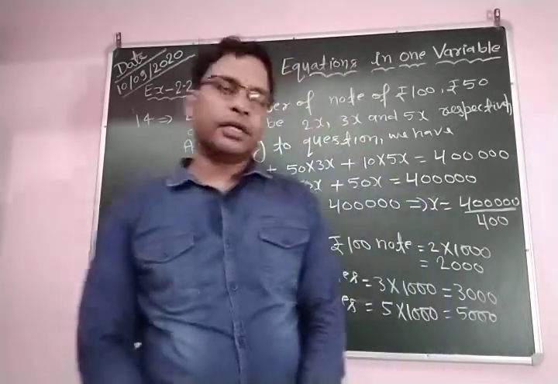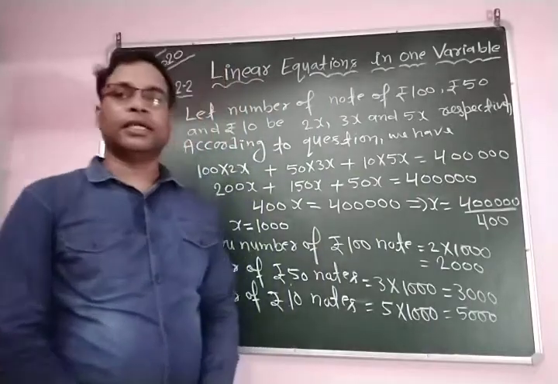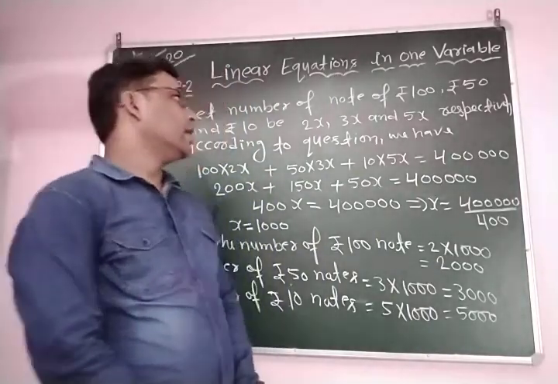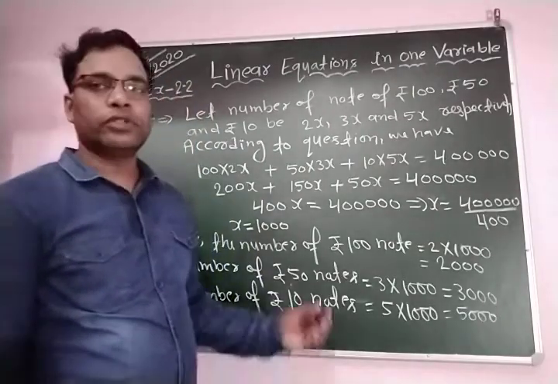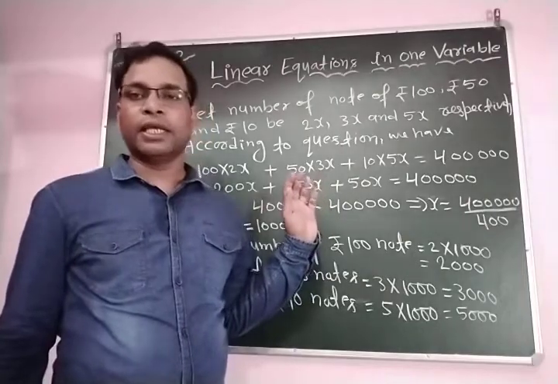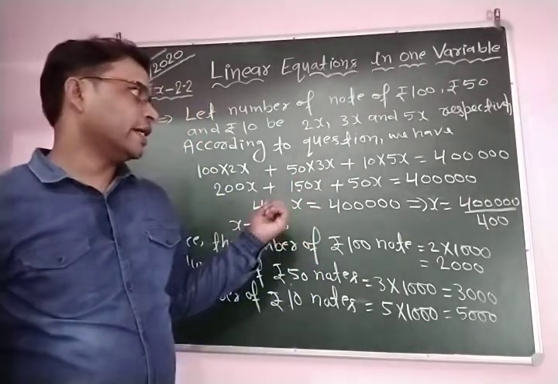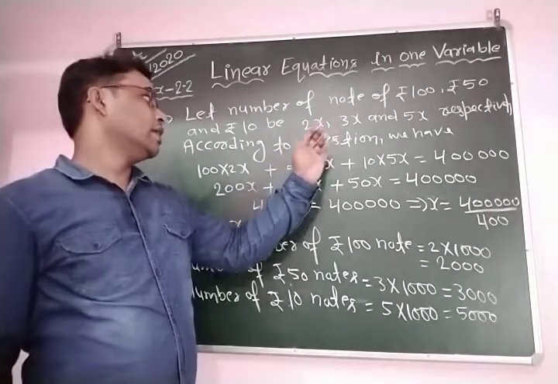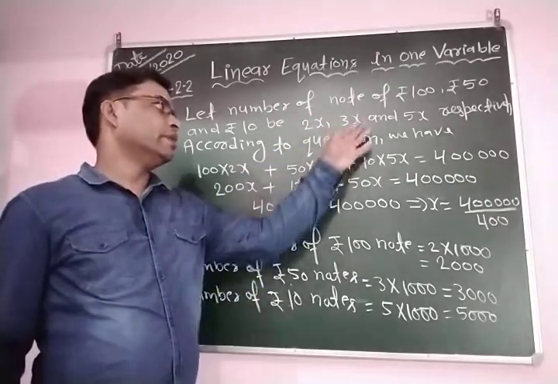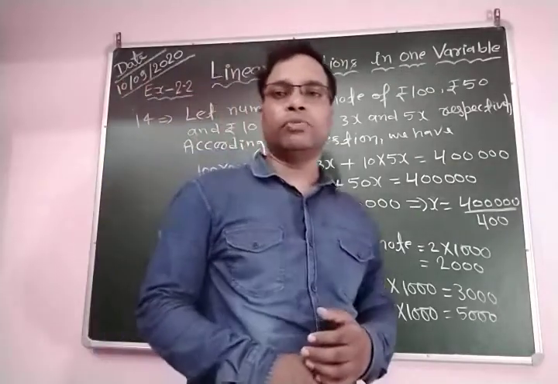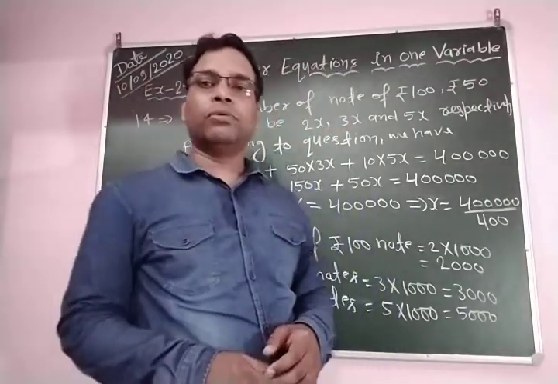So for this we let the number of notes of 100 rupees, 50 rupees and 10 rupees, according to the given ratio, be 2x, 3x and 5x respectively, and according to the question we multiply 100 into 2x plus 50 into 3x plus 10 into 5x, and this is equal to 4 lakh rupees because Lakshmi has 4 lakh rupees.